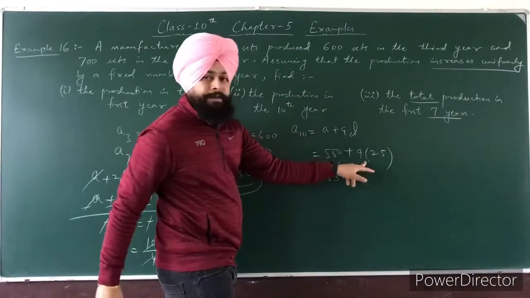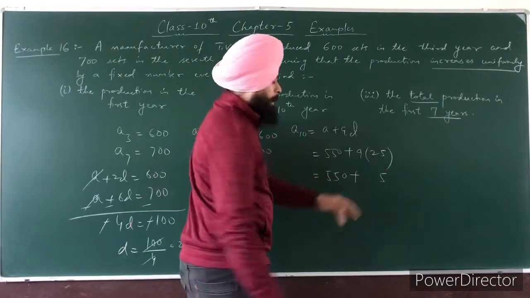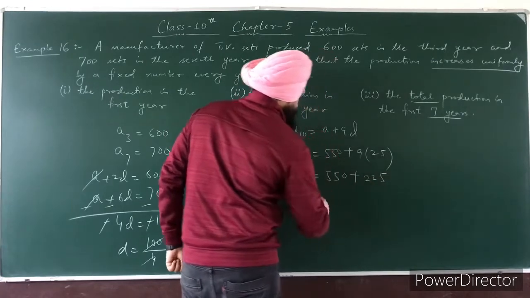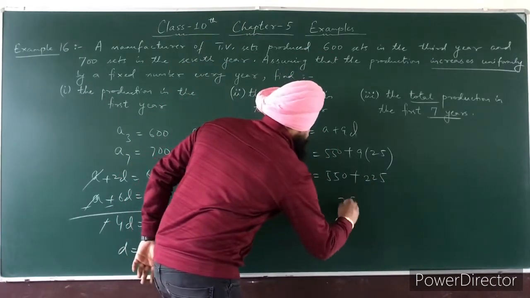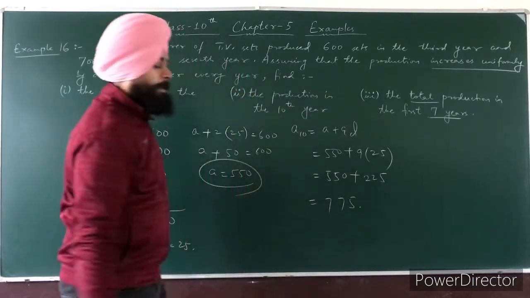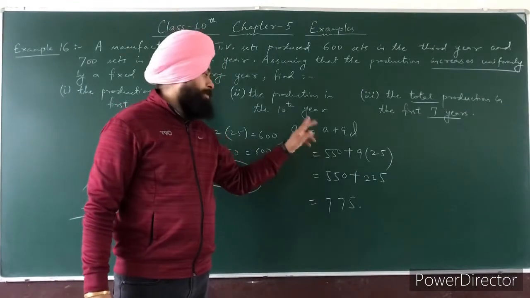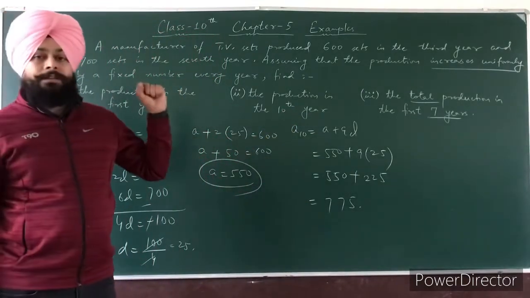So multiply this 25 with 9, which is equal to 9 5s are 45, 4 carry, 9 2s are 18, 18 plus 4, 22. Now add this 550 with 225, it is equal to 775. Alright, so 775 TV sets produced in the 10th year.